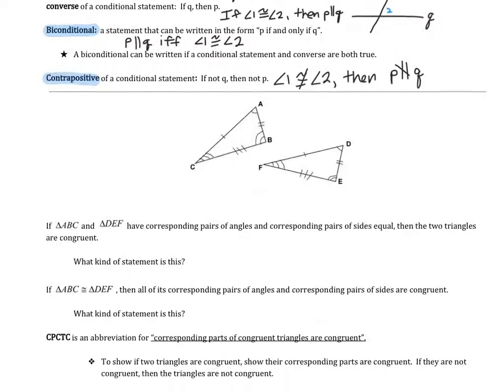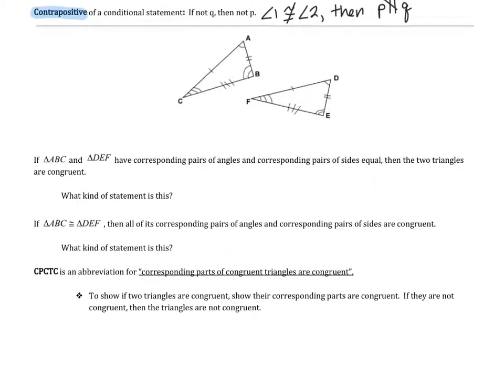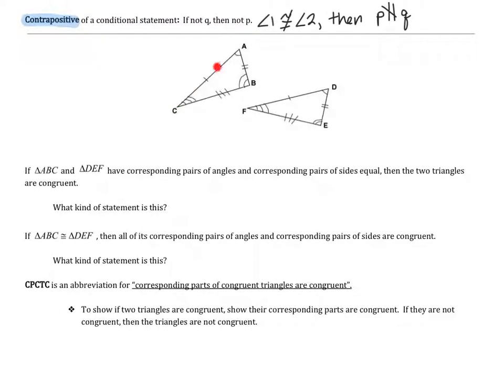So let's look down here. In this figure, we see that we have two triangles, and we see with the given symbols that we have 3 pairs of congruent sides and 3 pairs of congruent angles. So this statement says if triangle ABC and triangle DEF have corresponding pairs of angles and corresponding pairs of sides that are equal, then the two triangles are congruent.